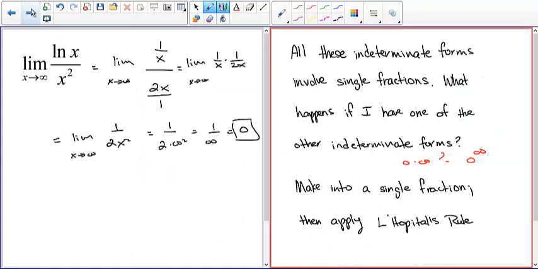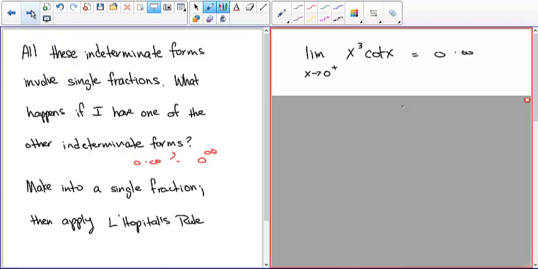Okay, so all these indeterminate forms involve single fractions. What happens if one of the other indeterminate forms, such as 0 times infinity or 0 to the infinite power? So it says you make it into a single fraction and then apply L'Hopital's rule. To be able to apply L'Hopital's rule, it has to be a fraction or rational expression.